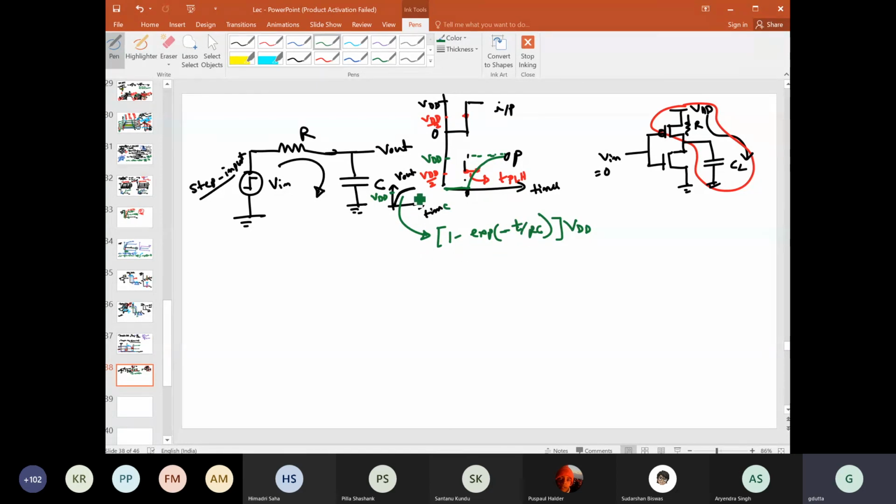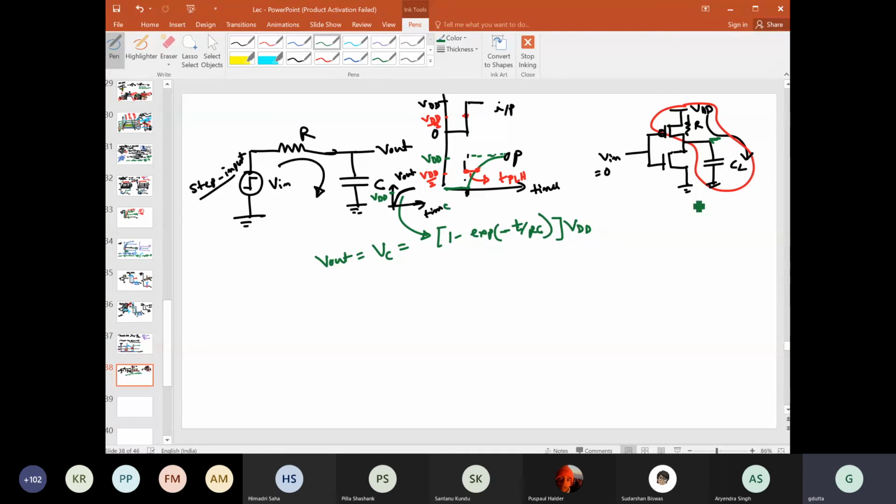Then the voltage across the capacitor will become around VDD. So that is the equation of the voltage across the capacitor, VC, and VC is nothing but V out here too, right?